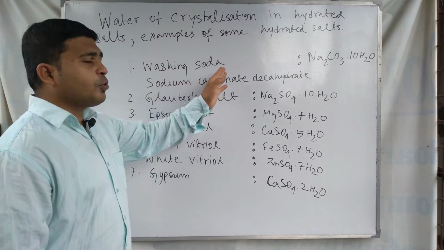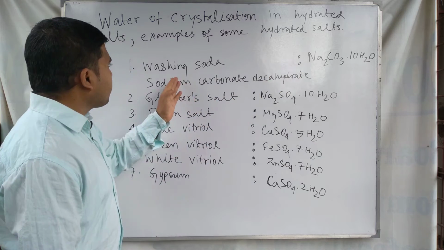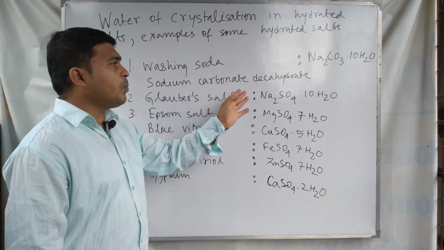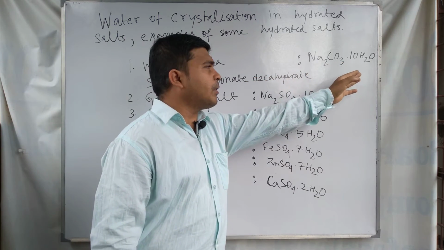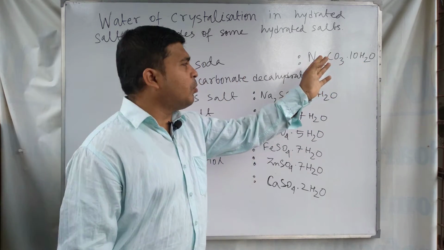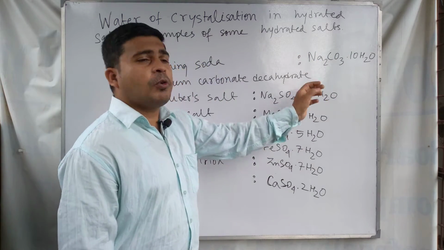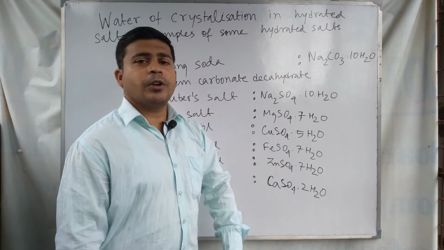Look at this salt, sodium carbonate .10H2O. It is called washing soda, and its name is sodium carbonate decahydrate. Here 10 water of crystallization is fixed, and each molecule of sodium carbonate is associated with 10 water molecules, and this is called water of crystallization of sodium carbonate salt.